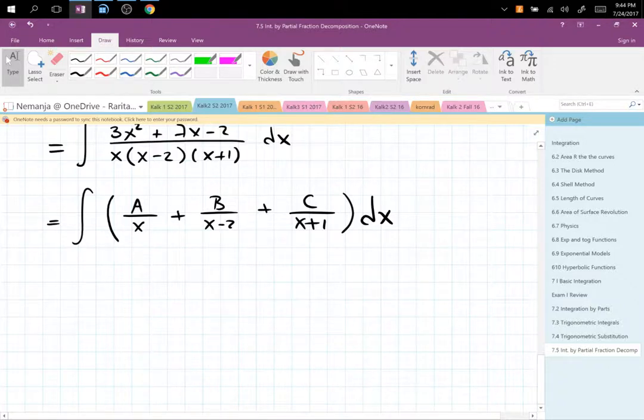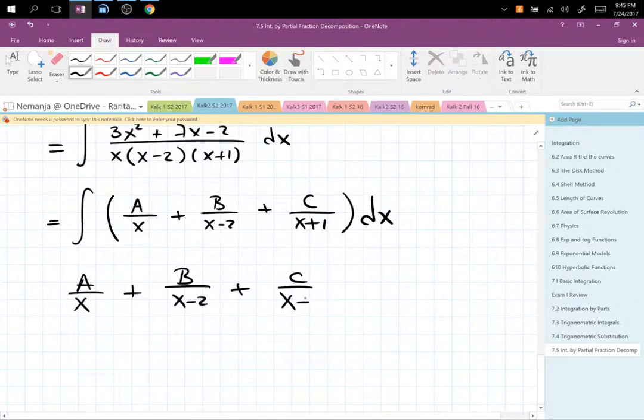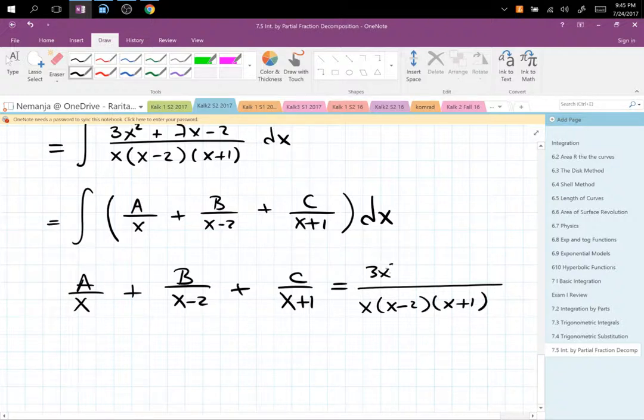All right, common denominator. A over x plus B over x minus 2 plus C over x plus 1. We need to get the common denominator. It will equal 3x squared plus 7x minus 2. All right, so the first one is missing (x minus 2)(x plus 1).